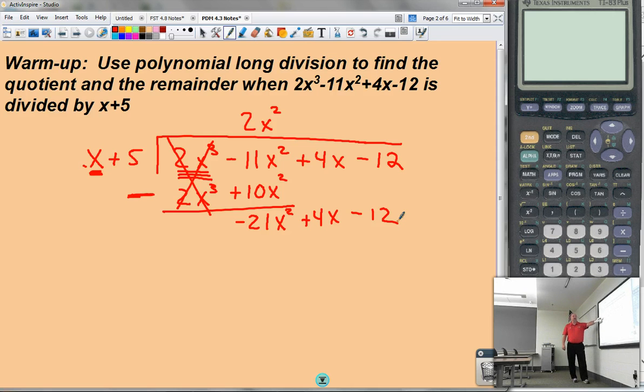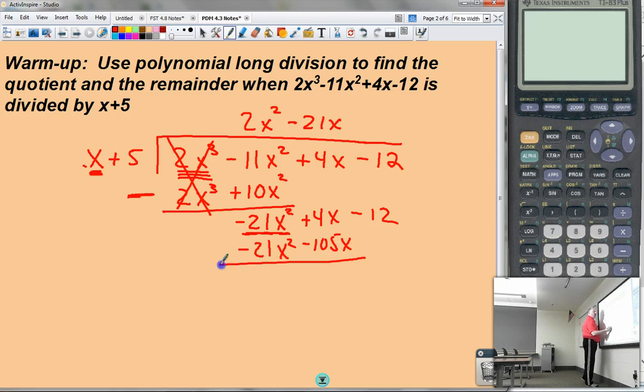Then I'm going to ask myself, what do I need to multiply x by to get negative 21x squared? The answer is negative 21x. So negative 21x times x is negative 21x squared. Negative 21 times a positive 5 is negative 105x.